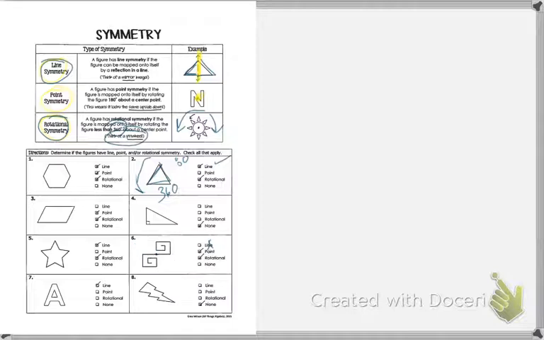But if I put a point and I'm able to rotate it 180 degrees, these two will flip. So there is a point of symmetry. And same thing, here's my center. I can rotate it 360 degrees. So we have rotational.